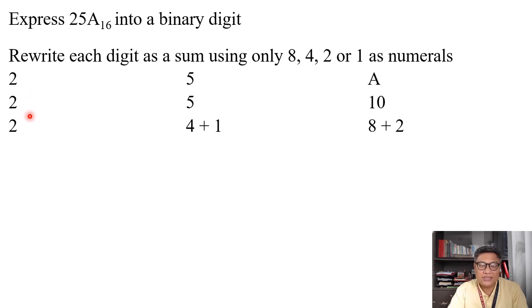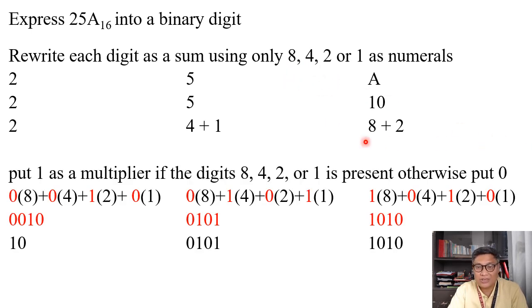Then 2 is simply 2, while 5 can be rewritten as 4 plus 1, and 10 can be rewritten as 8 plus 2. Then we put 1s to the digits that are present in 8, 4, 2, or 1. Otherwise, we put zeros for the numbers that are not present. So for 2 here, only 2 is present, so we put 1. The rest will be zeros.